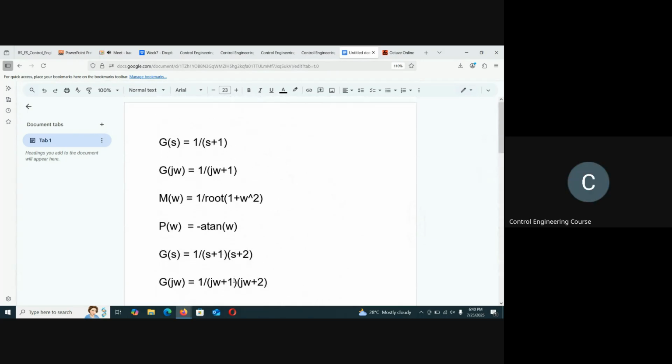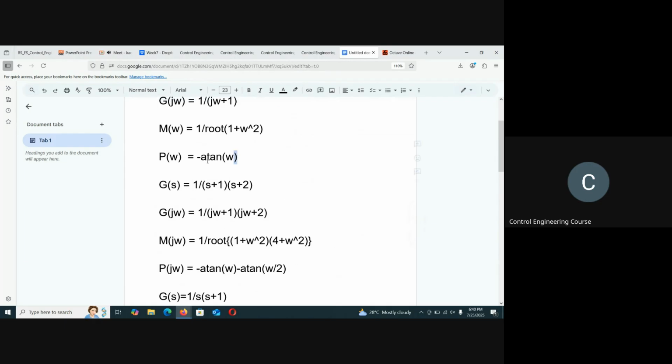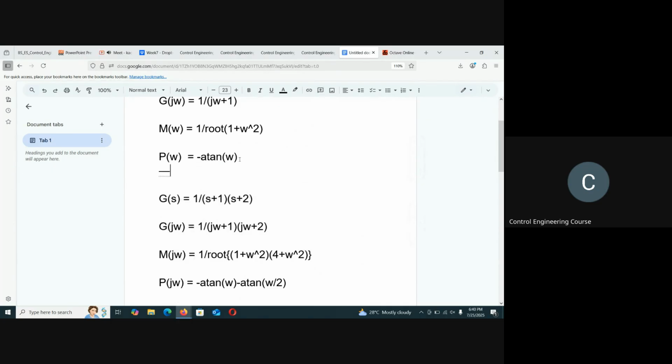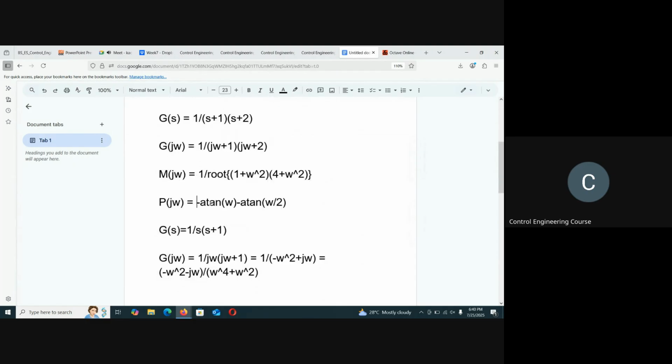You can see here, for first order, the phase is going to -90 as omega equals infinity. This is for the first order case. Got it? For second order, you have two arctans, and hence when omega equals infinity, it goes to -180.